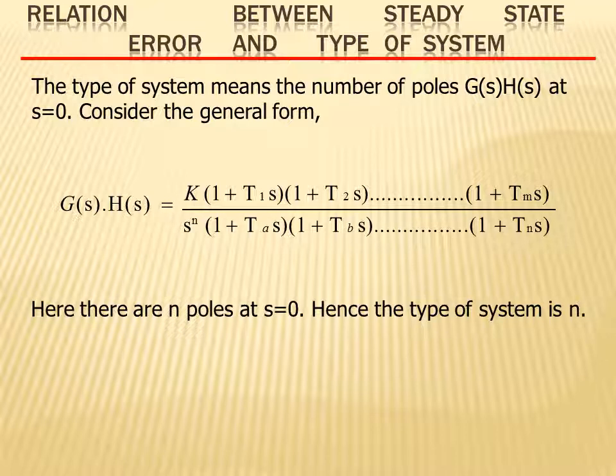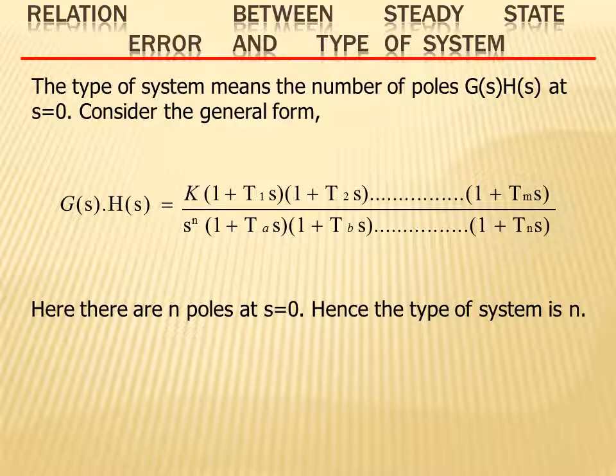So you can observe S raised to N in the denominator, and from that you can write the type of system is N. If it is S raised to 1, then the type of system will be 1. If it is S raised to 2, the type of system will be 2.